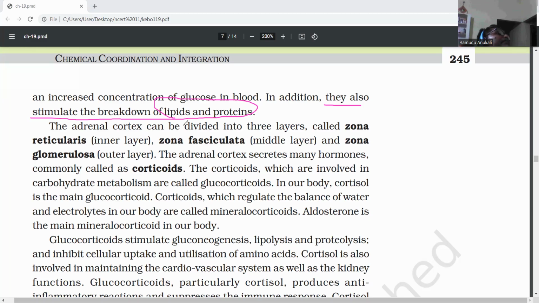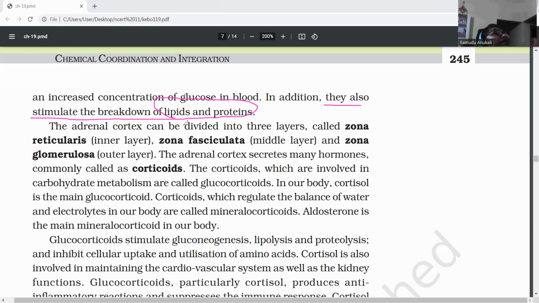So the adrenal medulla plays a major role in emotions, sweating, dilation of the pupil and piloerection, and also in increasing the glucose level, respiration and heartbeat, and the breakdown of lipids and proteins.